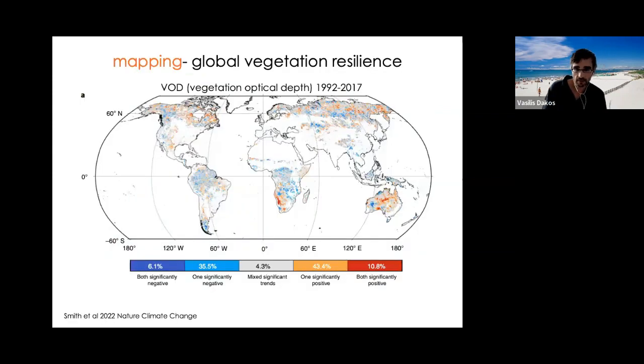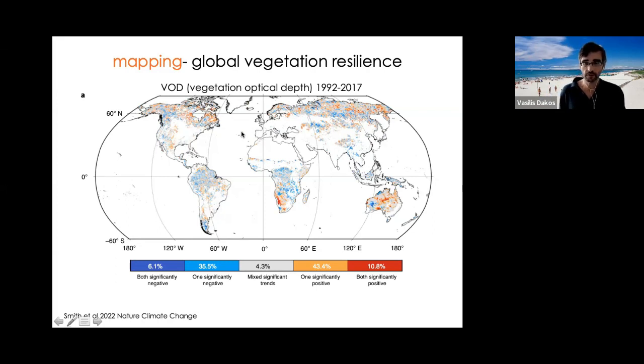Now, we can also do something similar, but on already existing data. I'm going back to remote sensing data, and I'm going back to vegetation proxies. This is not NDVI, but this is another proxy for measuring vegetation cover through remote sensing.